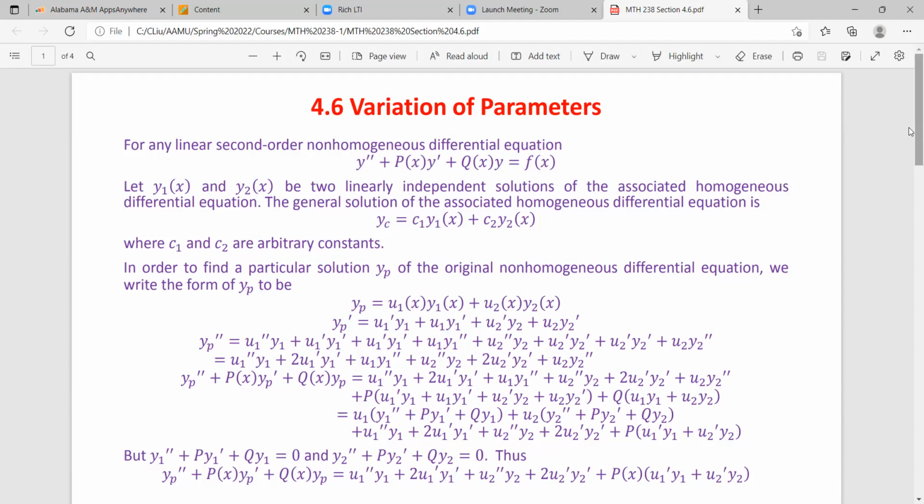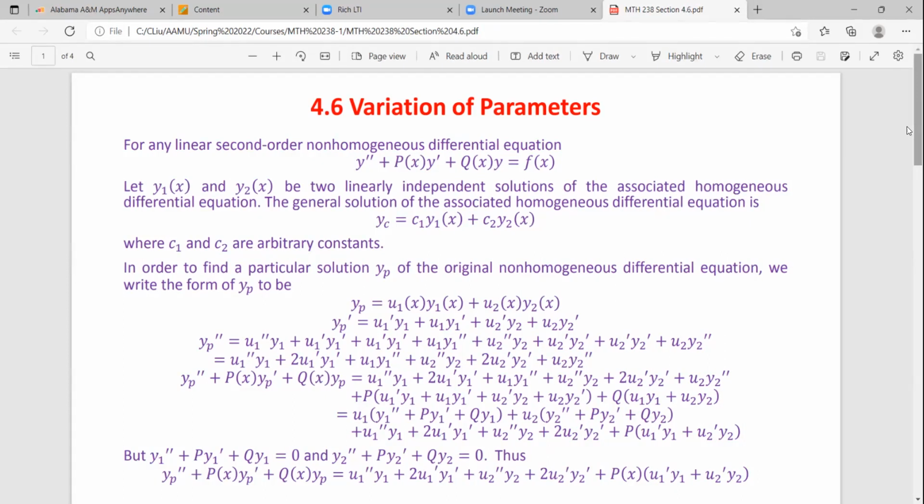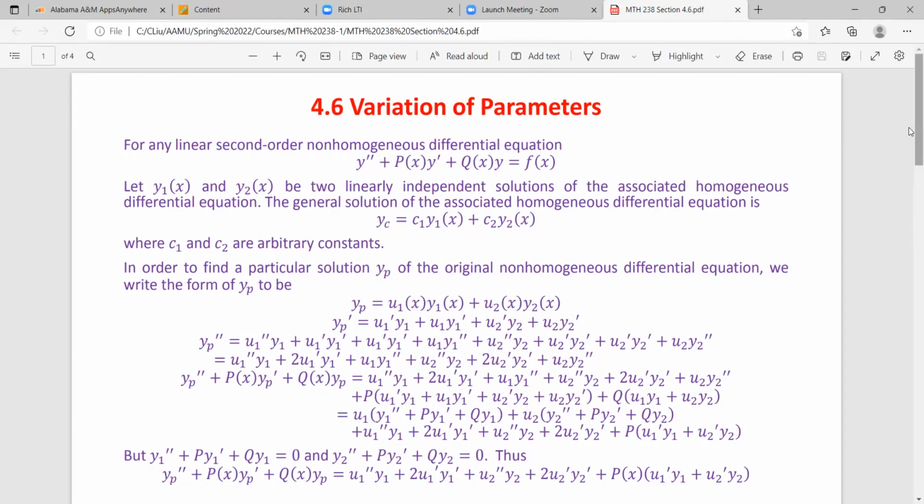So we get u1 double prime y1 plus u1 prime y1 prime from the first term. And we get u1 prime y1 prime plus u1 y1 double prime from the second term when we take the derivative of yp prime.